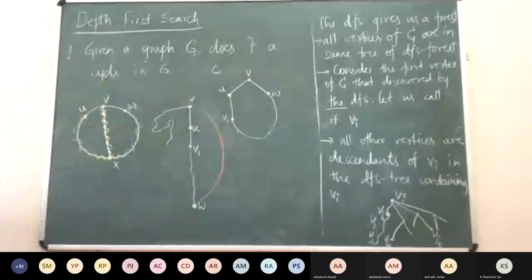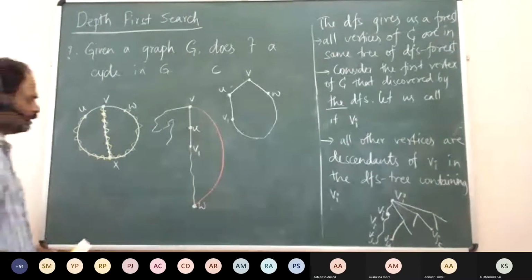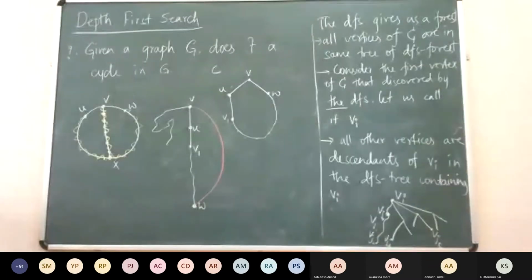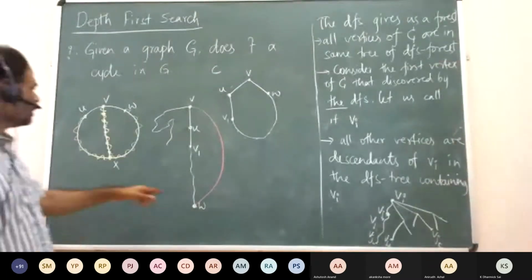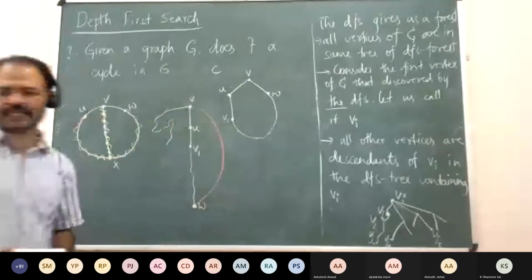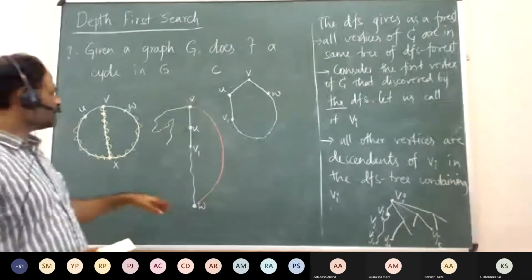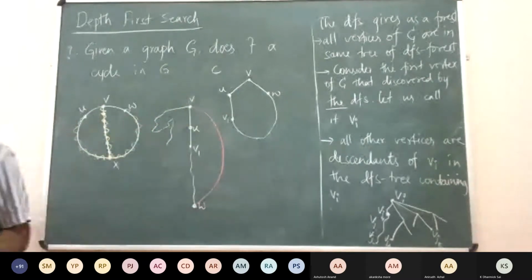It's a non-tree edge, which would contradict our assumption that there was no non-tree edge, right? So our assumption that there exists no non-tree edge is wrong, which means that there exists some non-tree edge.